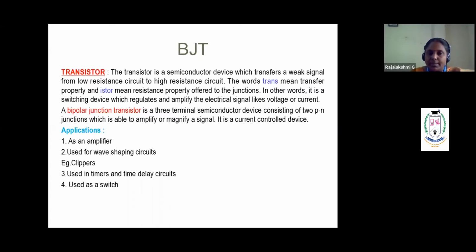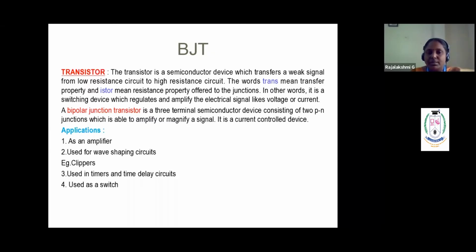Normally bipolar junction transistors are called current controlled devices, because the output current, the collector current, depends upon the input current. If you look into the applications of the transistor, it is mainly used as an amplifier and in wave shaping circuits.